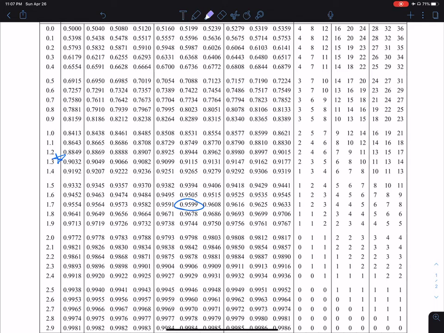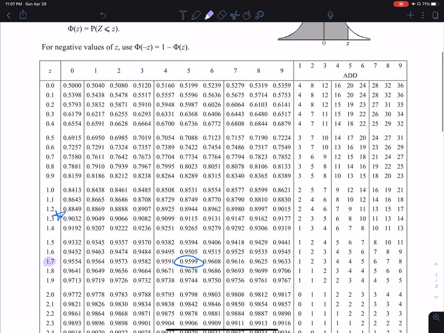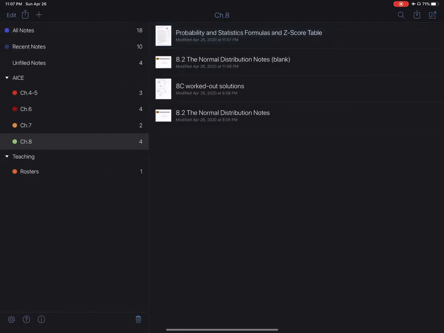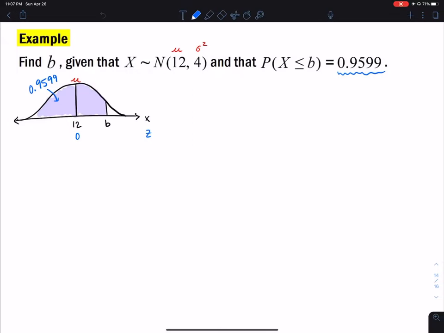So you then want to find out your z-score. So find out what values are on top and on the side, and our z-score is going to be 1.75. Okay, not too bad. So we're going to take this and carry it back over into our problem, and we have a z-score of 1.75.